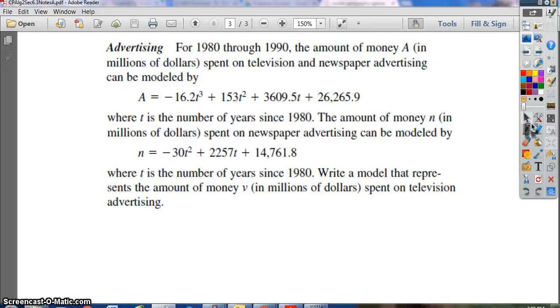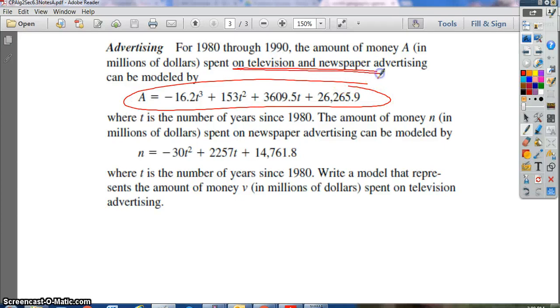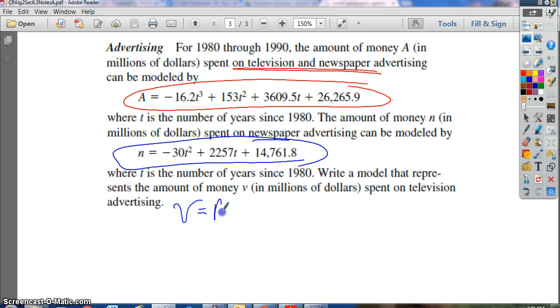Write a model that represents the amount of money B spent on television advertising. So, if this number here is both television and newspaper, and this number down here is only the amount of money spent on newspapers, to get television money, just subtract that. So to get B, all we're going to do is take A and subtract N from it.